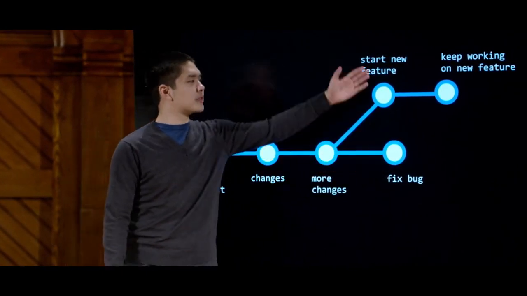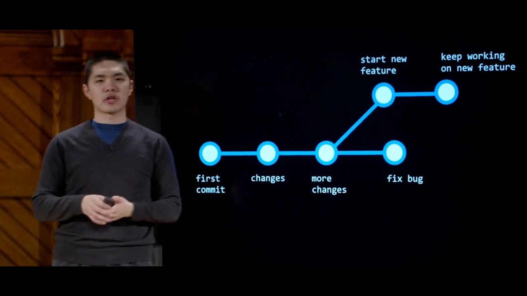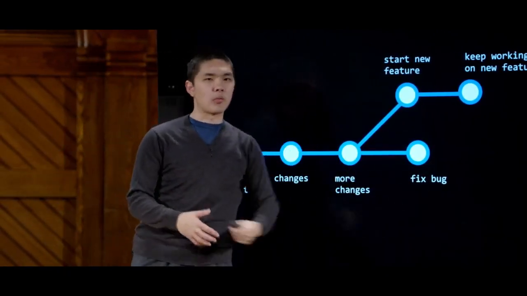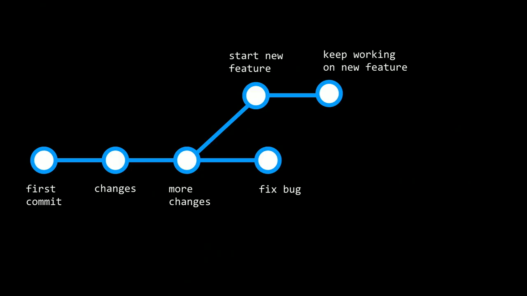And now I have two different branches, each of which might have different code on it, one of which I've been fixing a bug on, one of which I've been working on a new feature on, for example. Generally, each of those branches is going to have a name. So the master branch is your default branch, which is generally going to contain the up-to-date, stable version of your code.